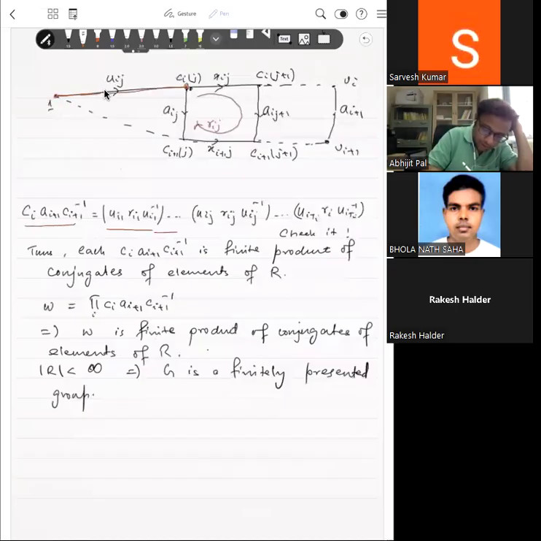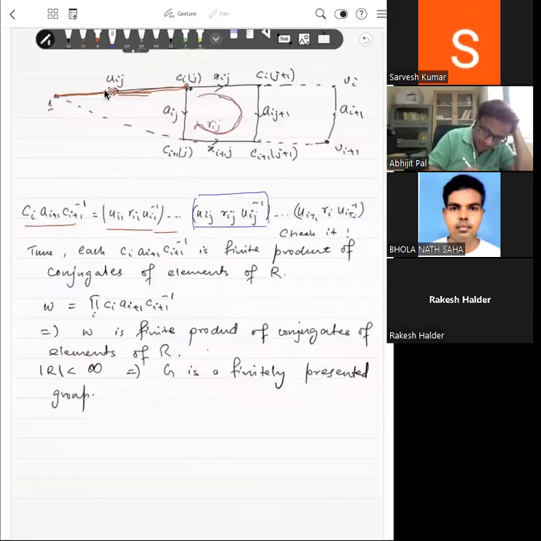So from 1 you travel to Cij by Uij, then travel along Rij, and then come back by the geodesic, Uij inverse. So you get this relation.